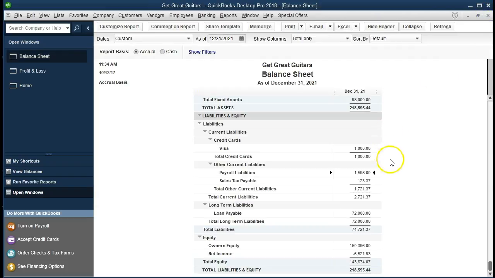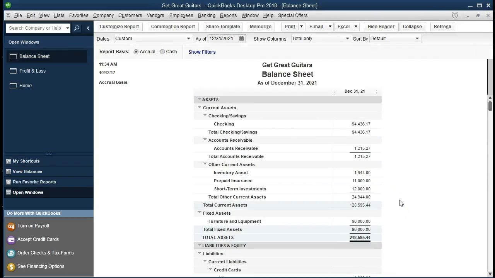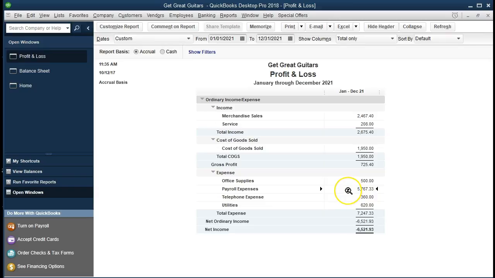So if we were to lump the payroll recording into one journal entry, we would be decreasing the checking account for the net check that we wrote. We would be debiting the expense, or increasing the payroll expense, for the gross pay that is due to the employees, and we would debit it for the payroll taxes, the employer portion of the payroll taxes.